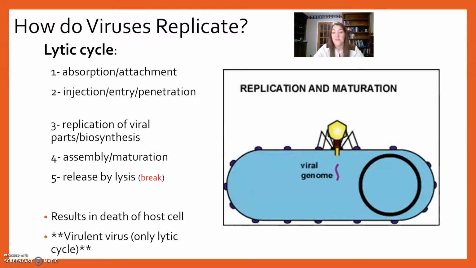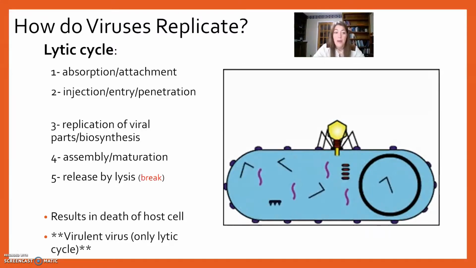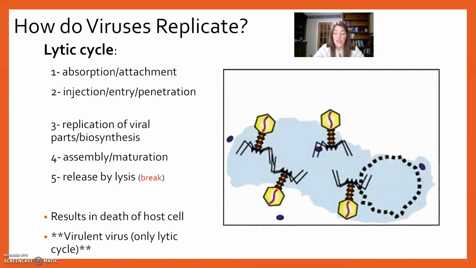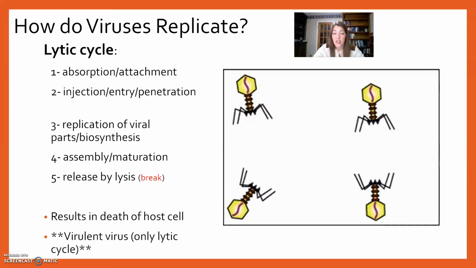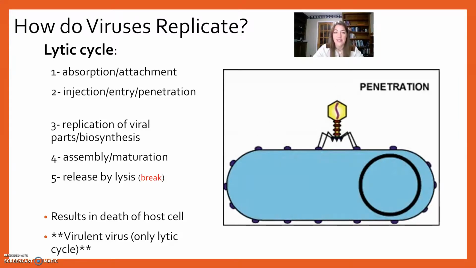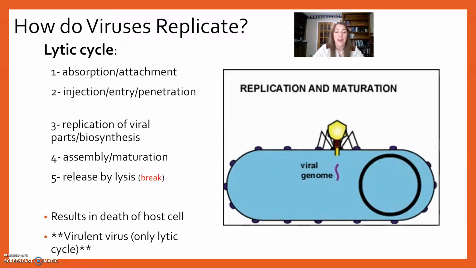Once the penetration has occurred, maturation is going to develop. As you can see here, it's going to use the machinery of the bacteria to create more viruses. And then, as you can tell at the very end, this poor bacteria dies, the cell will rupture, and all the little new viruses will come out.